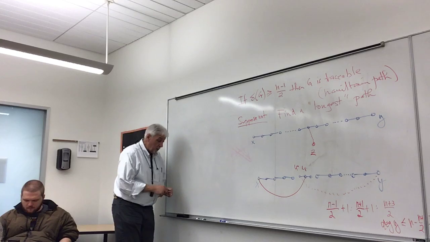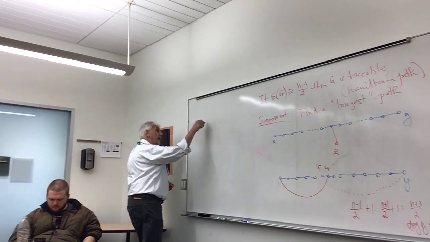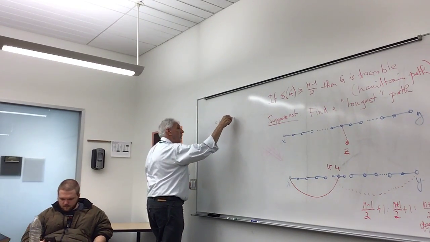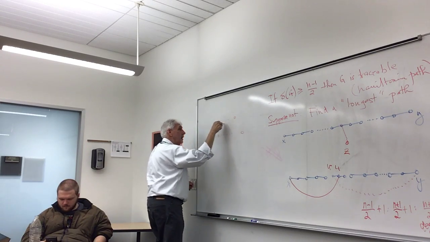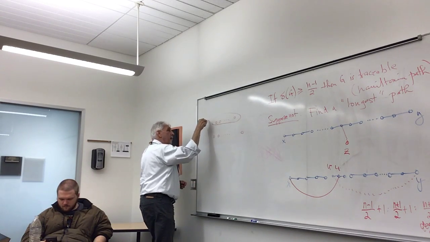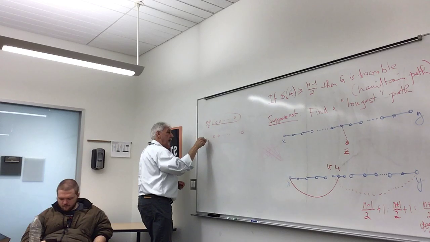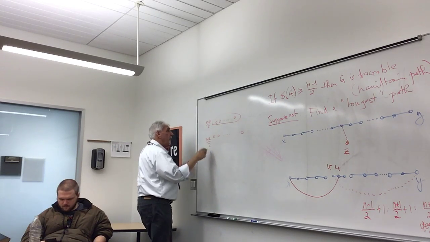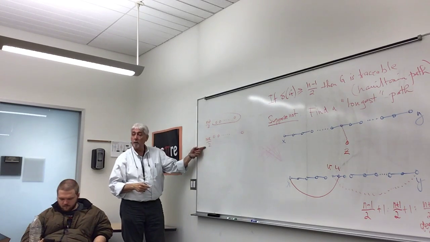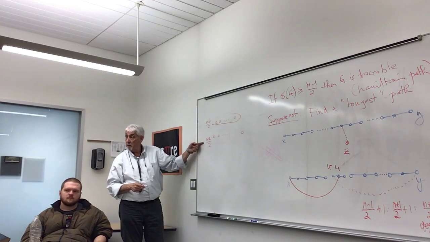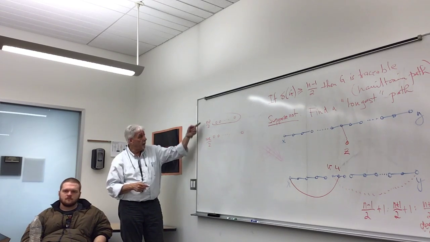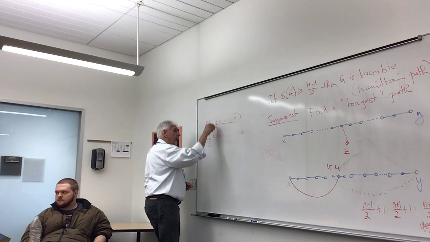So n minus 1 over 2, if I take a complete bipartite graph, n minus 1 over 2 is as good as I'm going to get if I take n minus 2 over 2 and n plus 2 over 2. The sum of these is n. So here's a graph on n, and we're going to put all these edges here.